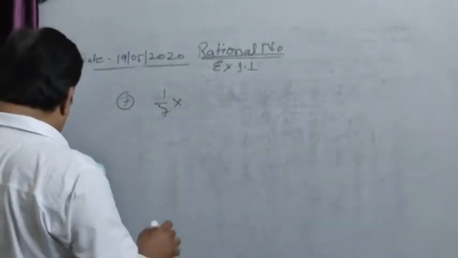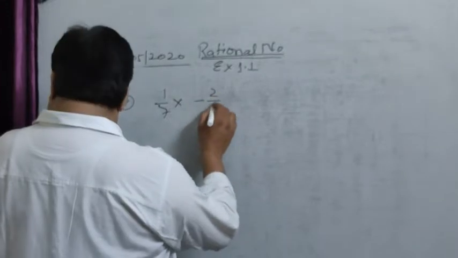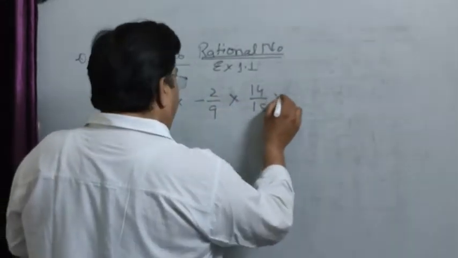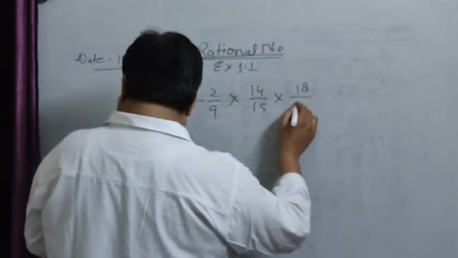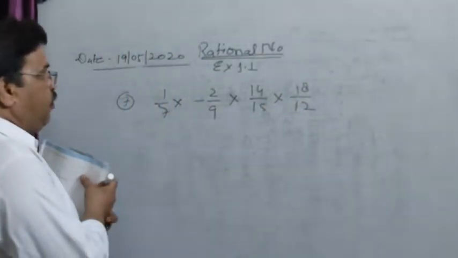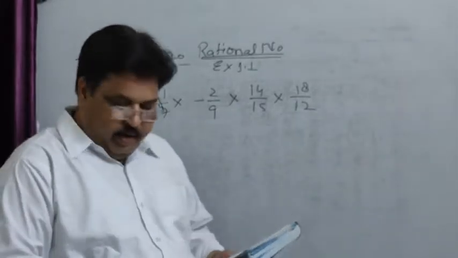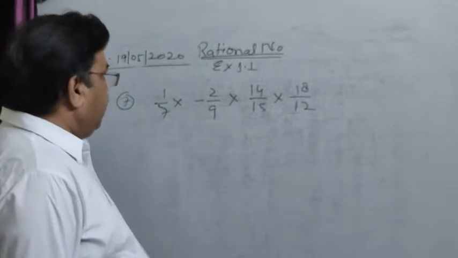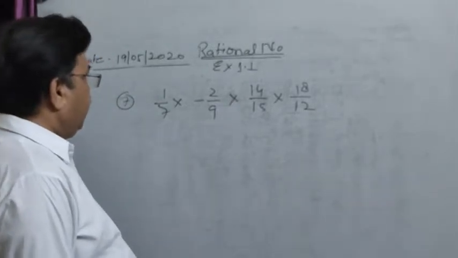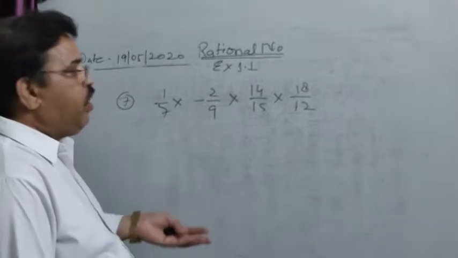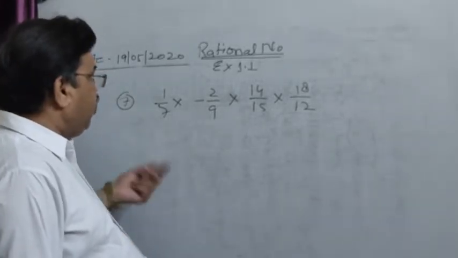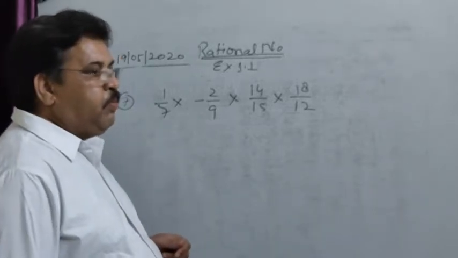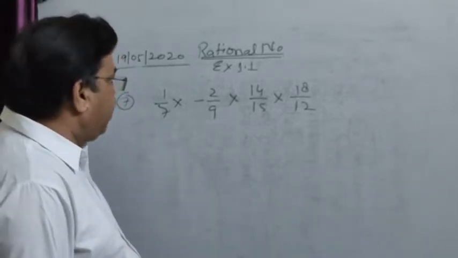1 upon 7 into minus 2 upon 9 and 14 upon 15 into 18 upon 12. First of all, you have to make two pairs and check which number is cancelled by another number, means which denominator or numerator cancelled by each other by the same number or the other number.